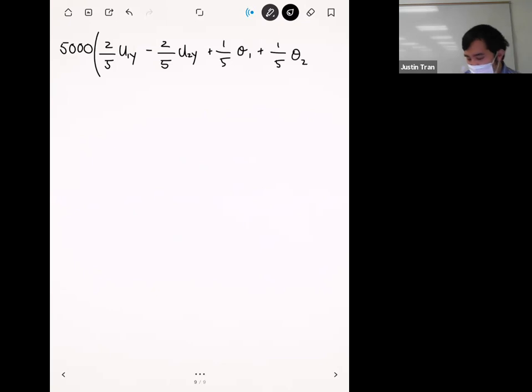Then we're going to have a plus 1/5 theta 1 plus a 1/5 theta 2. All of those are from the first term. Then we're going to have a minus 3/4 u1y plus a 3/4 u2y.